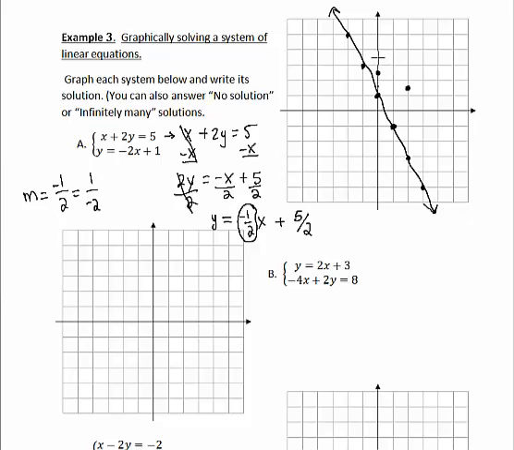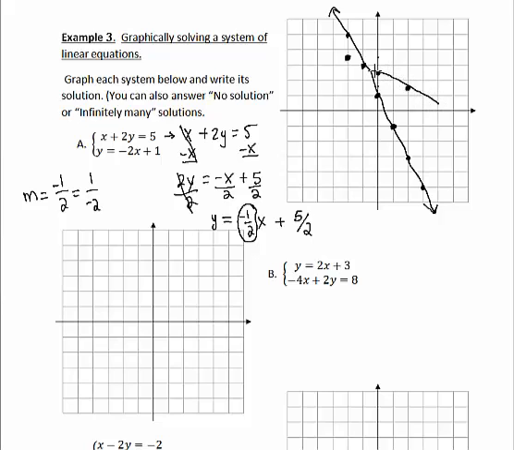So if I go up 1, I'm still at a half mark on the y-axis, but then I go left 1, 2, and I land right about there. And you can see that this other point that we graphed for the first equation falls right in line with these other 2 points that we plotted for the second equation.